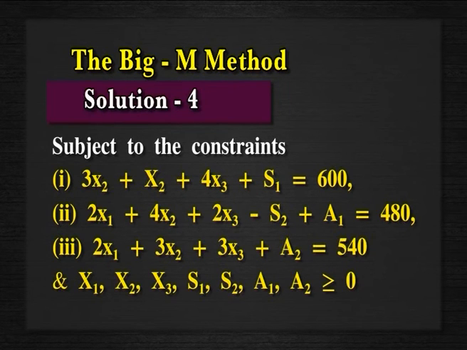First, 3x1 plus x2 plus 4x3 plus s1 is equal to 600. 2x1 plus 4x2 plus 2x3 minus s2 plus a1 is equal to 480. Third, 2x1 plus 3x2 plus 3x3 plus a2 is equal to 540, and x1, x2, x3, s1, s2, a1, a2 are greater than or equal to 0.